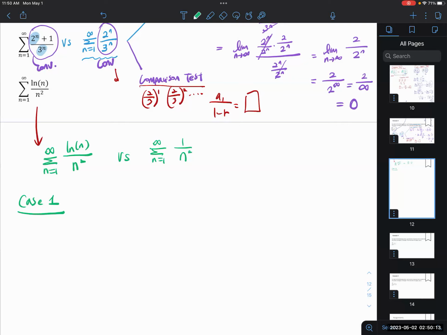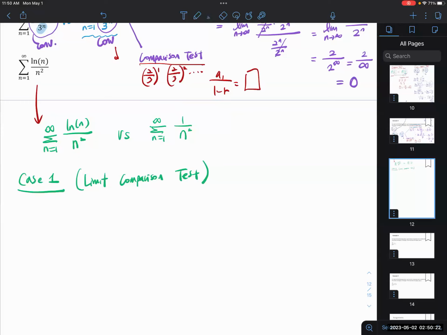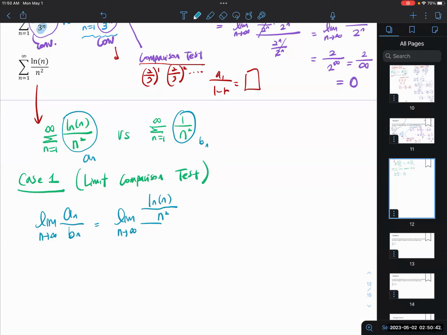So I'm using the limit comparison test. What are you guys going to do in this case? This is going to be a_n, am I right? And this is going to be b_n. Therefore, limit of a_n over b_n, so limit of ln n over n to the second, over 1 over n to the second.